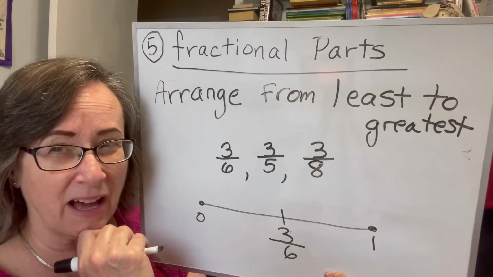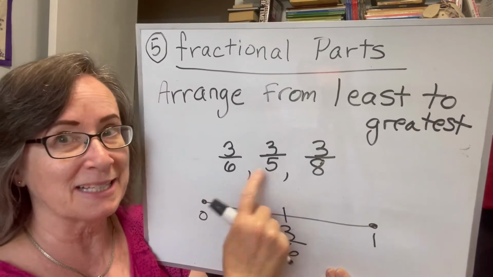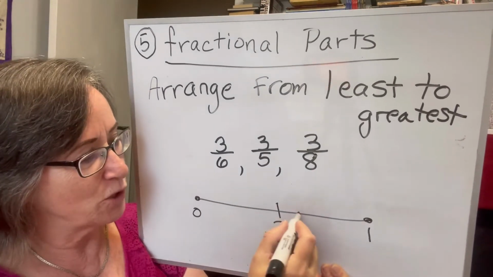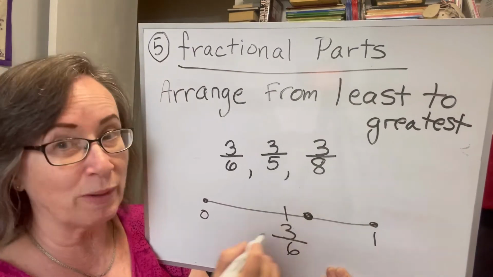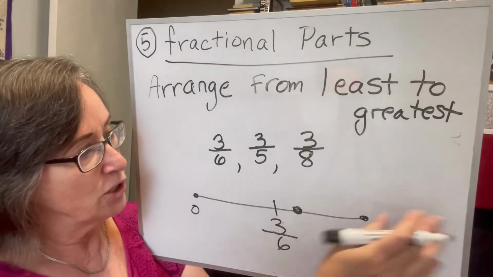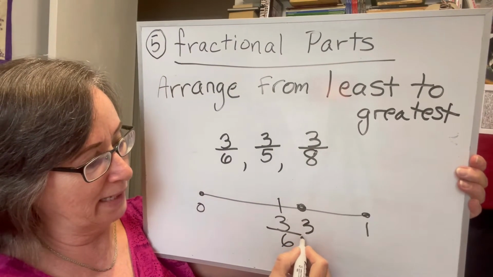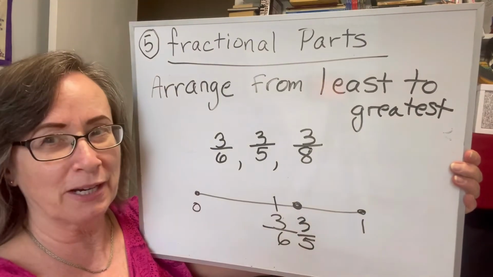Half of 5 is 2.5. 3 is bigger than 2.5. So we know that 3/5 is bigger than 1/2. So 3/5 would be right here, a little bit bigger than 1/2.